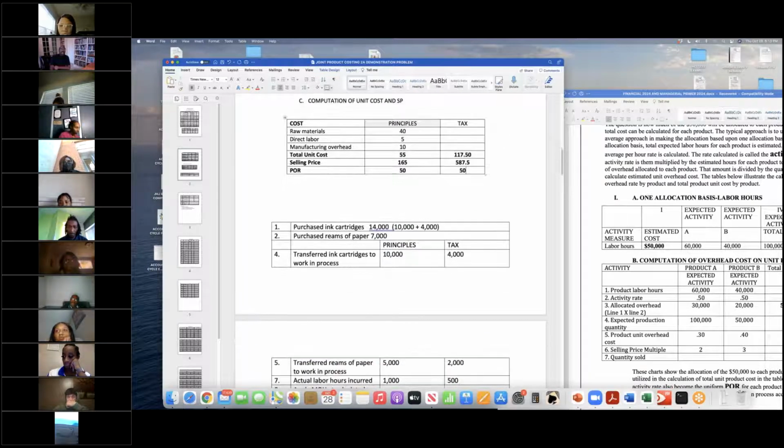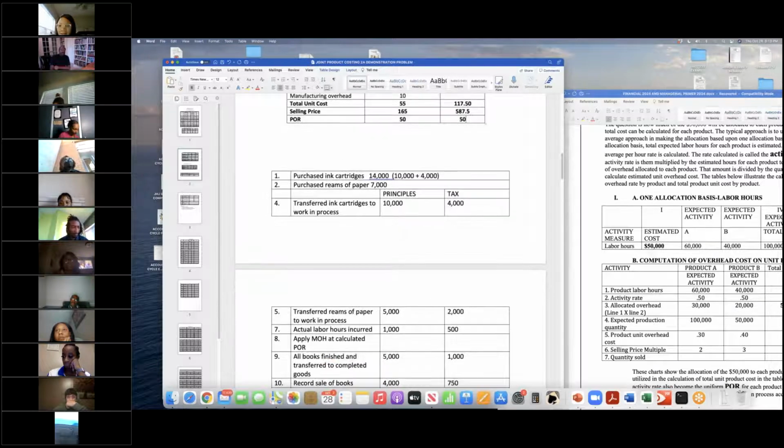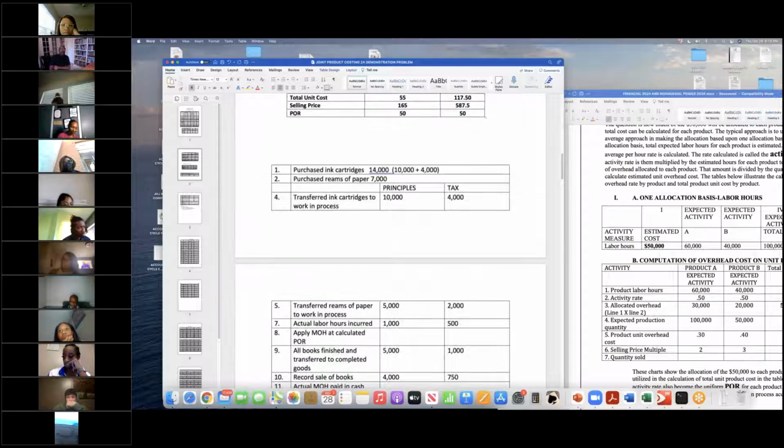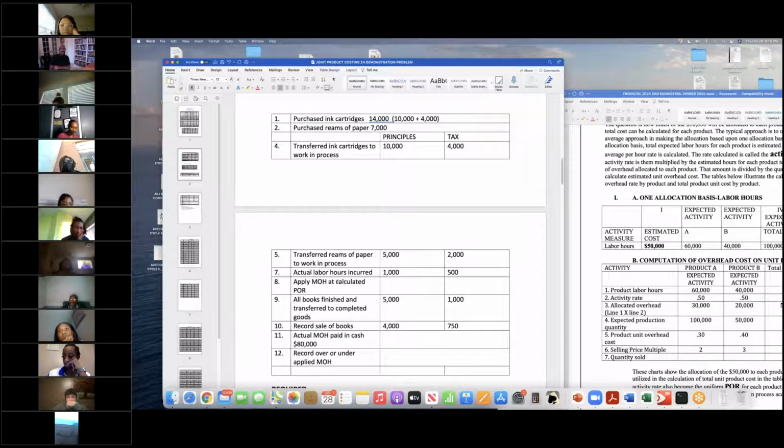Now, it's time to make journal entries. We have to purchase the ink cartridges for both books. That was calculated: we needed 14,000 cartridges and 7,000 reams of paper. Then we transfer ink cartridges to work in process, paper to work in process, pay for the actual labor hours, and apply the POR at the calculated rate.